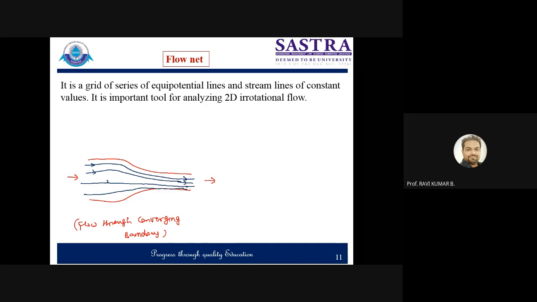So these are all the lines of ψ equal to constant. So constant ψ lines. And now we need to draw the equipotential lines. As we know, equipotential lines are perpendicular to these. So we can draw from this boundary, like this kind of lines it can be drawn.